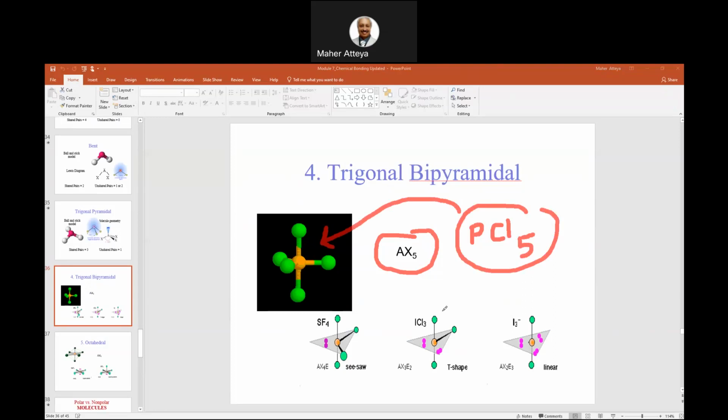If you look at this, phosphorus will be here, and then chlorine will be here, here, and here. All this chlorine, by the way. So Cl, Cl, Cl, Cl, and Cl. So phosphorus pentachloride is trigonal bipyramid.